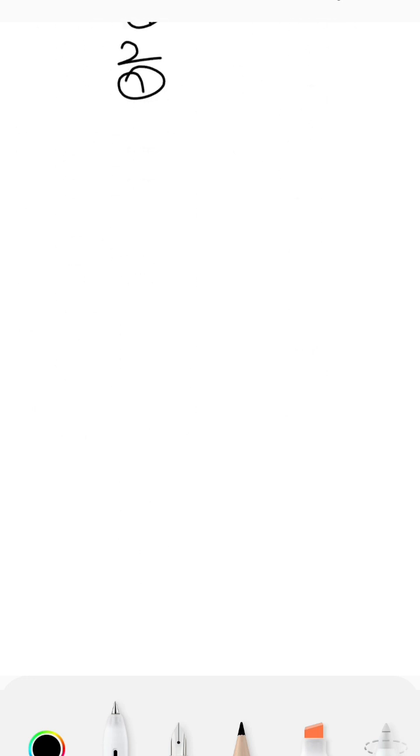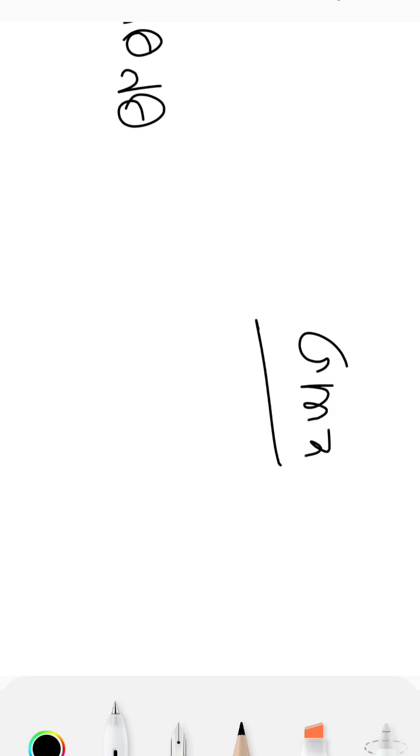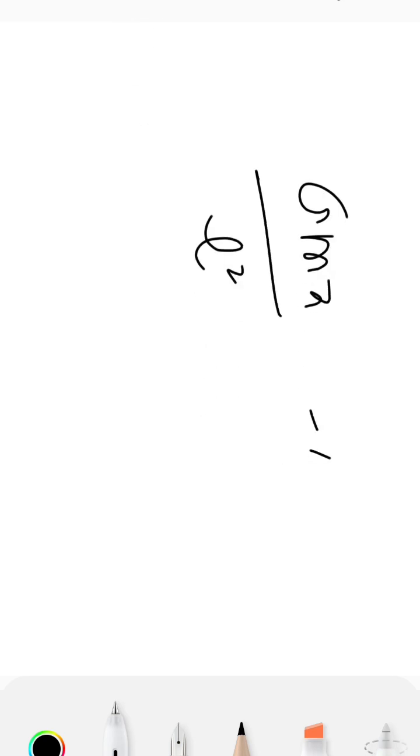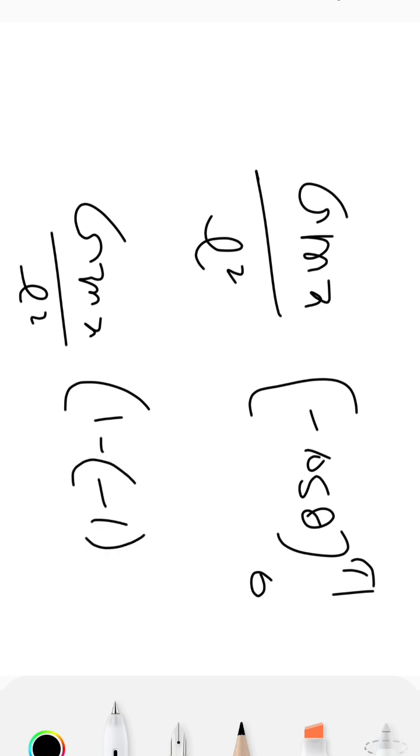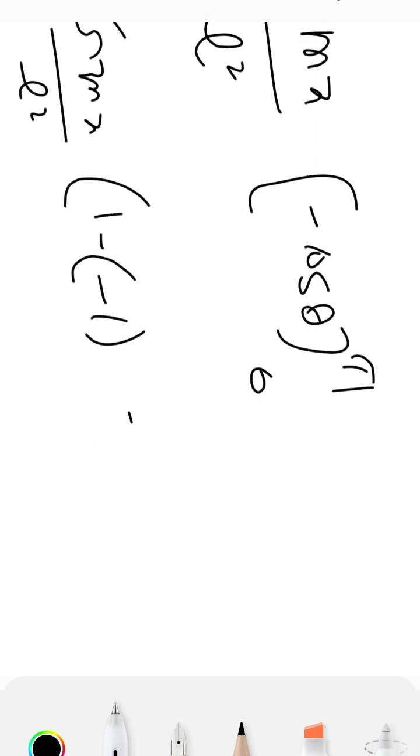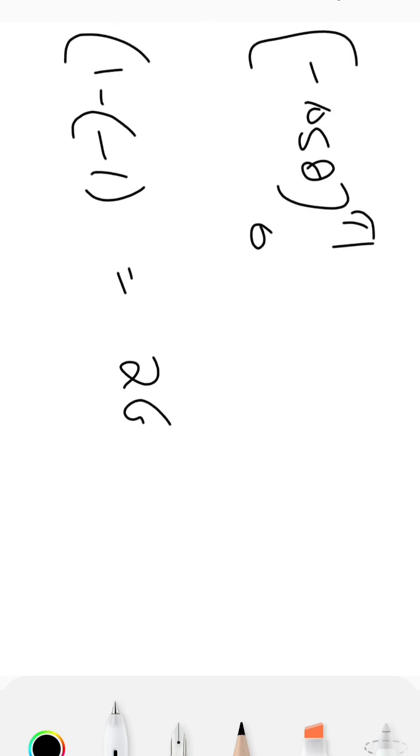We know that the integration of sin theta is minus cos theta, so you have G m pi by l square, minus cos theta from 0 to pi. So G m pi by l square, cos theta would be minus 1. So 1 minus of minus 1. So the answer is 2 G m pi by l square.